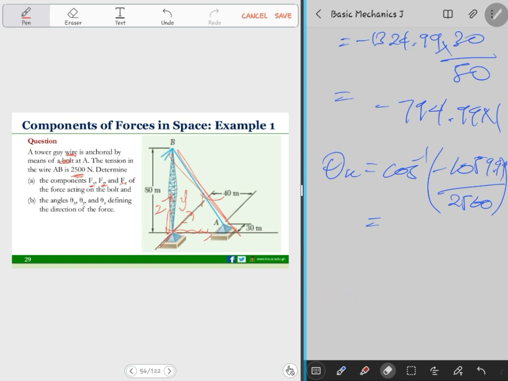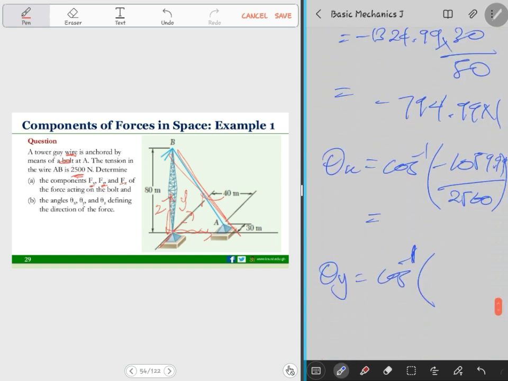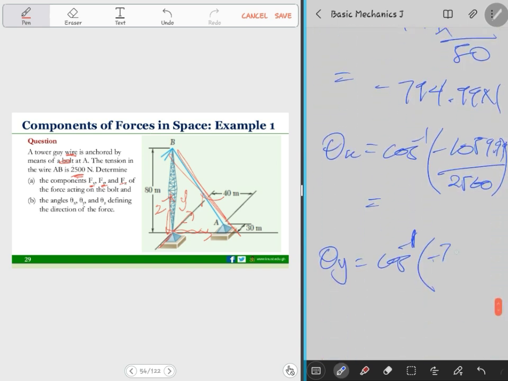And then theta y. Cos inverse again, right? And then fy minus 794.99, right? The full force is 2500, the actual force they are trying to resolve.